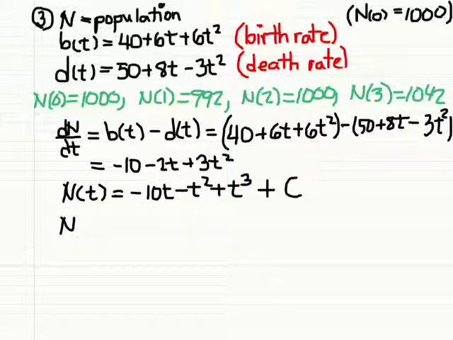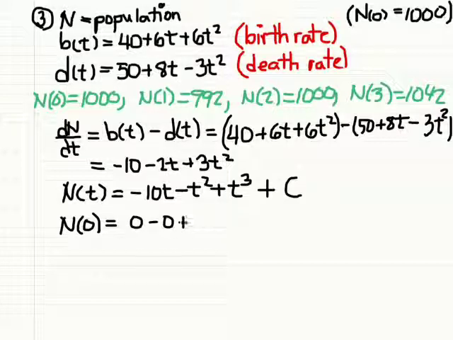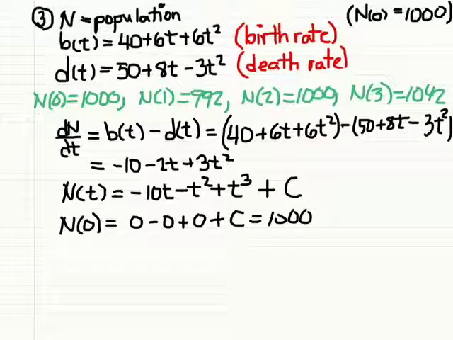Now, we happen to know the population at time 0, and so if I plug in 0 for t into all the terms, all that I'm left with is c, and yet that has to equal 1,000. And so now I know the formula for my population.